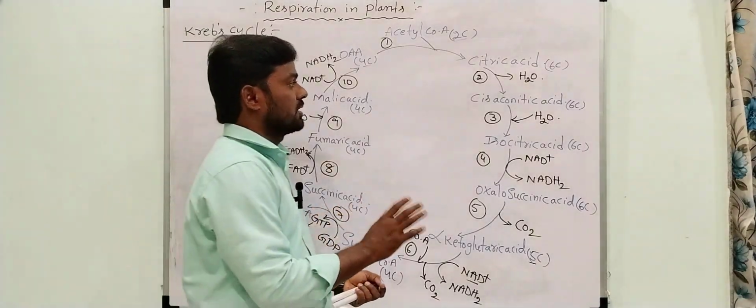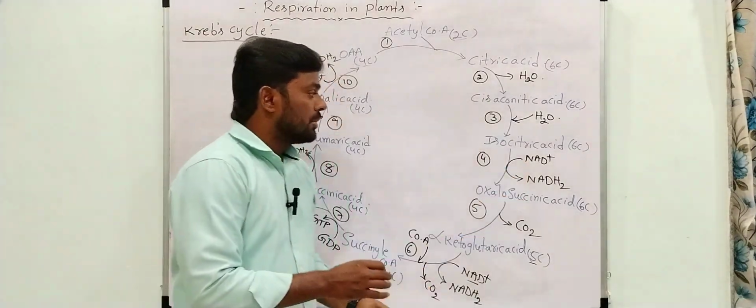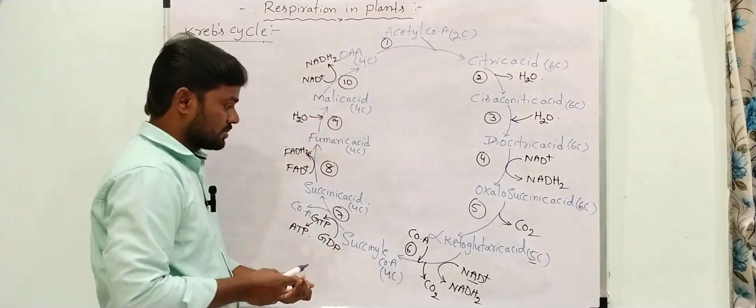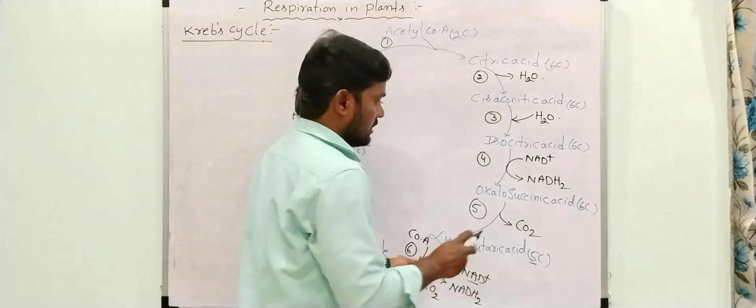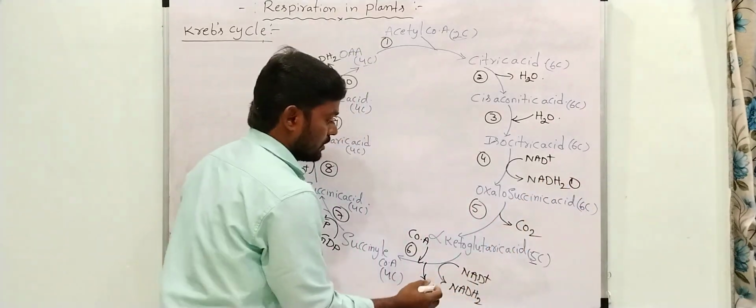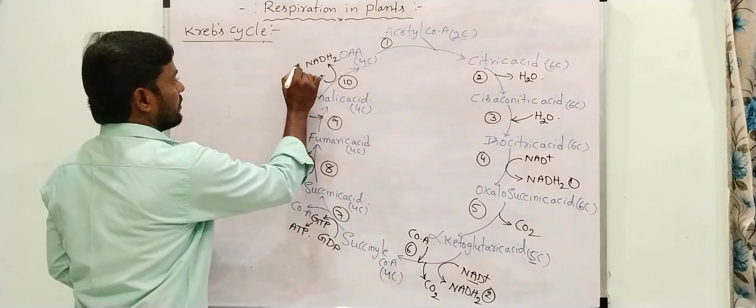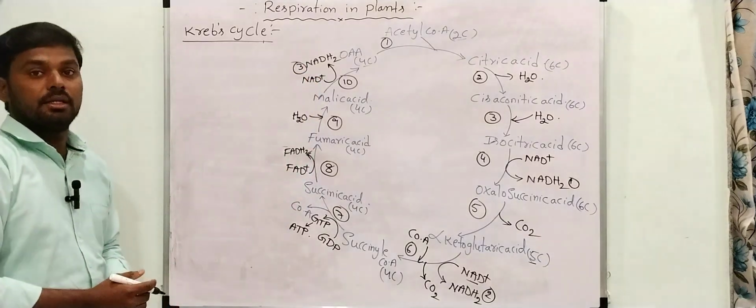So here observe carefully. How many NADH2 are we getting in this Krebs cycle? Observe carefully. Here one NADH2, and here also one NADH2, and here also one NADH2. Totally 3 NADH2.